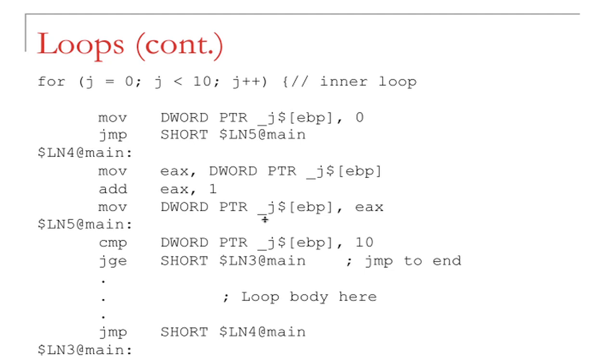Let's look at this example. This is the inner loop. We have a loop counter. We use variable J as the counter. And we increment it every time. And the condition is J is less than 10.